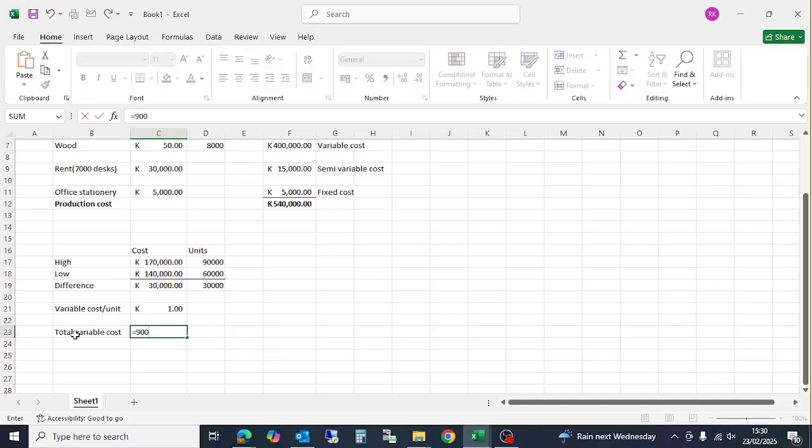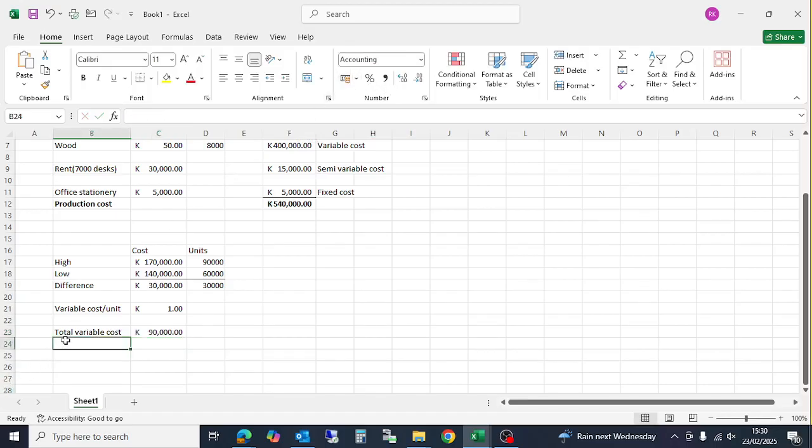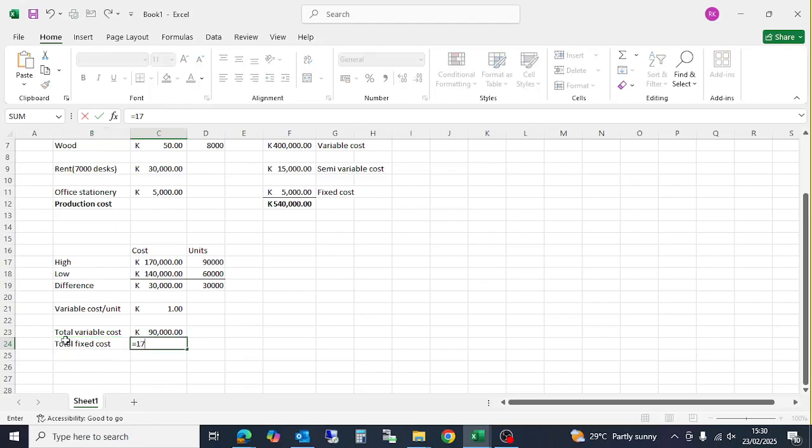So it will be 90,000 units multiplied by the variable cost per unit, which is 1 kwacha. So this will be our total variable cost. This is for the highest one. And then the total fixed cost for the highest one. I'm just showing you the breakdown. So total fixed cost for the highest one will be 170,000 minus the 90,000 variable cost, meaning it's about 80,000.